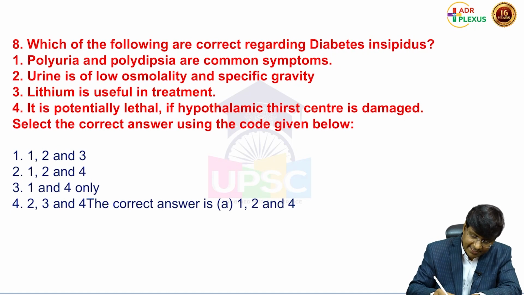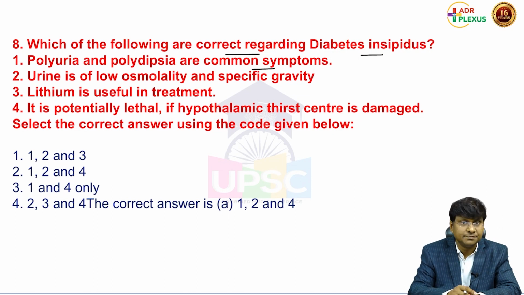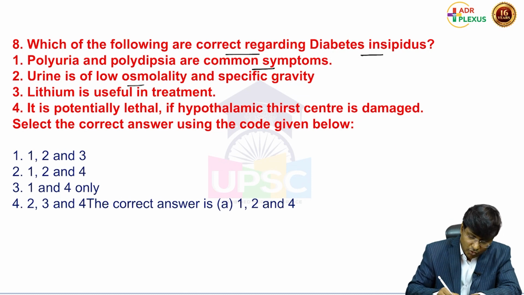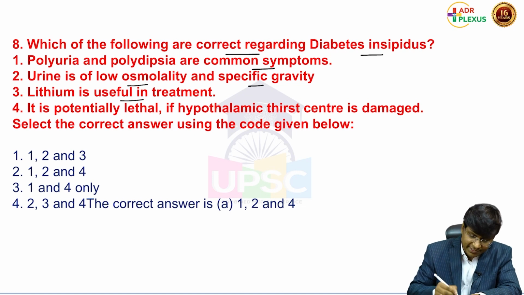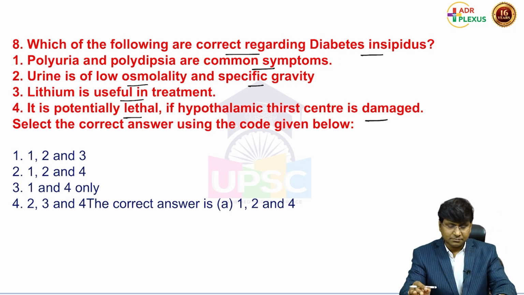Which of the following are correct regarding diabetes insipidus? Polyuria and polydipsia are the common symptoms. Urine is of low osmolality and specific gravity. Lithium is useful in the treatment. It is potentially lethal if the hypothalamic thirst center is damaged. Select the correct answer using the code given below.